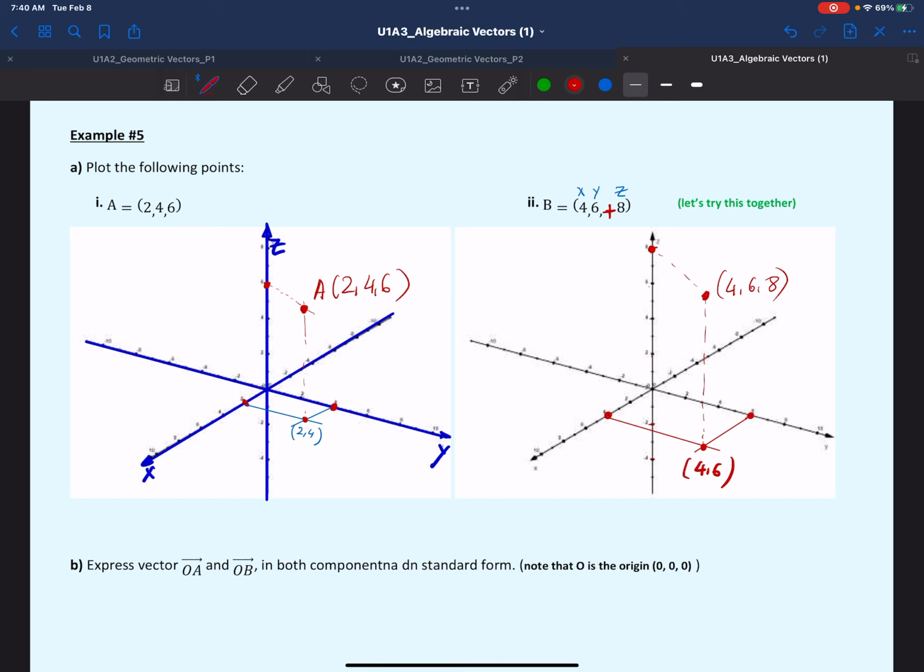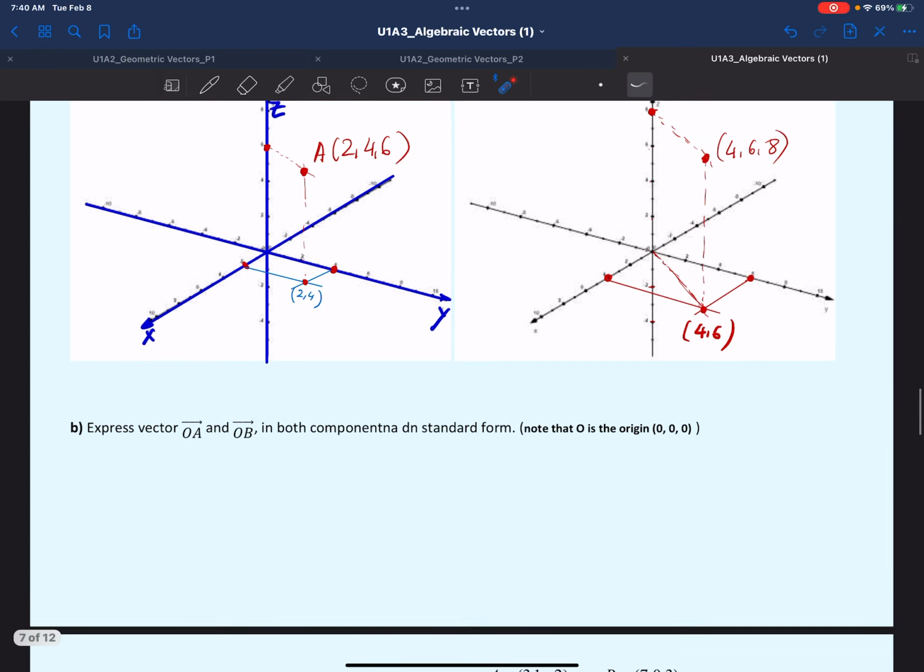And you can look at it this way, actually, because that's how you go on the z-axis, this way, and you rise 8. So you rise 8 from here, and that's the parallelogram that you're looking at.